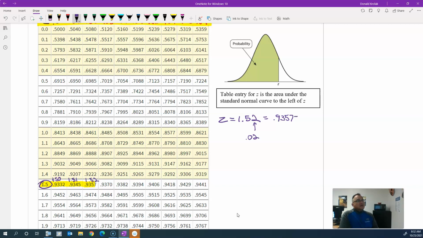So that would be 93.57%. Your table always gives you the value that is to the left.